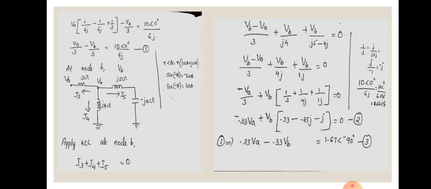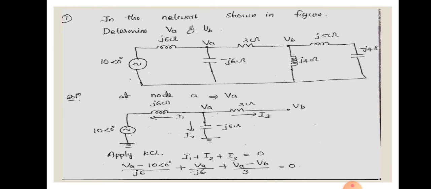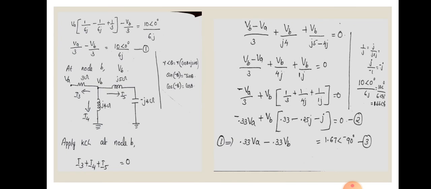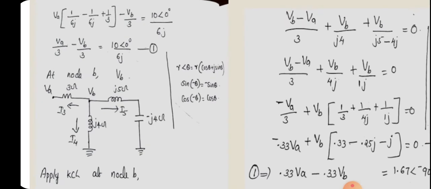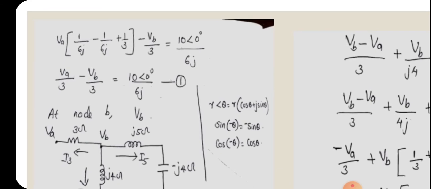Next, we can rearrange this equation by taking VA and VB separately. So the VA terms are VA into (1 by 6J minus 1 by 6J plus 1 by 3) minus VB by 3 equal to 10 angle 0 by 6J. This is obtained by separating VA and VB terms.